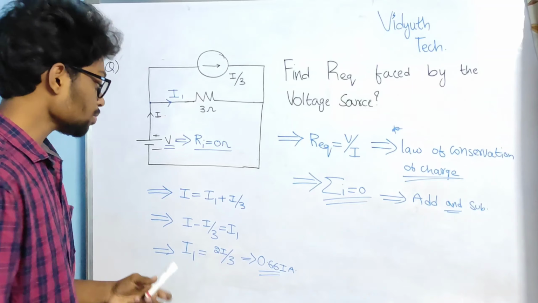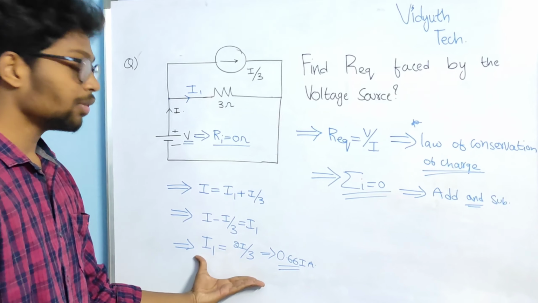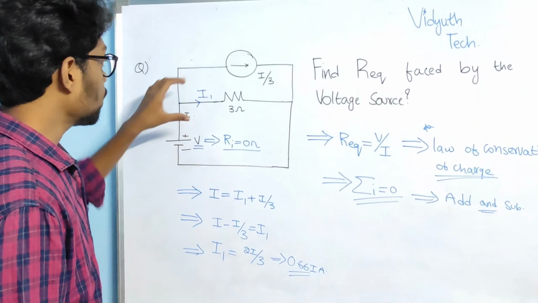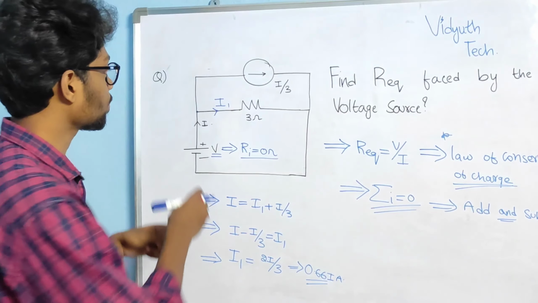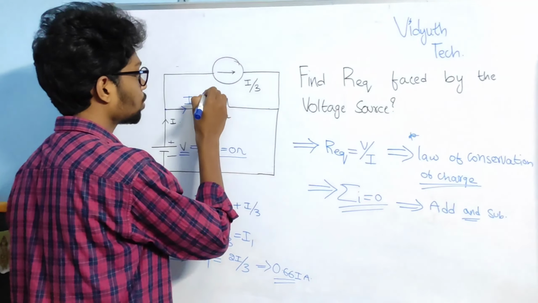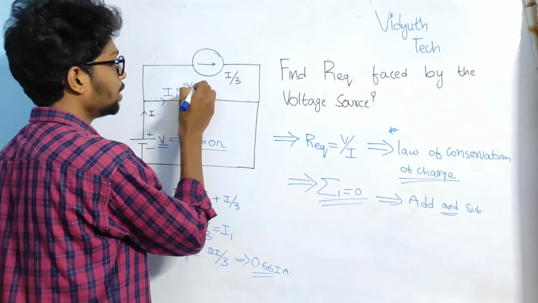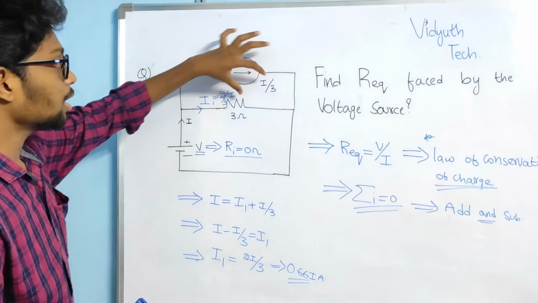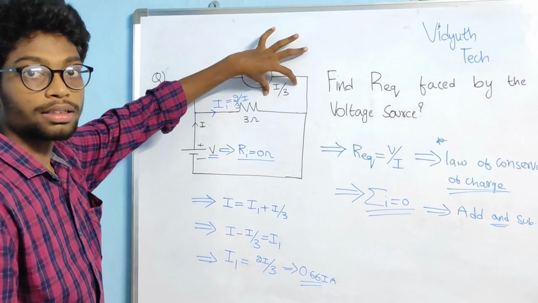Okay, we have got I1 which is 2I by 3. Friends, here you can see I1 is 2 by 3 I, which is double the I by 3.